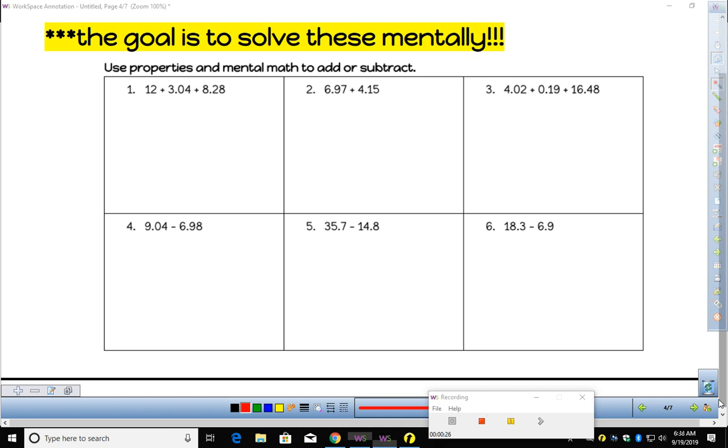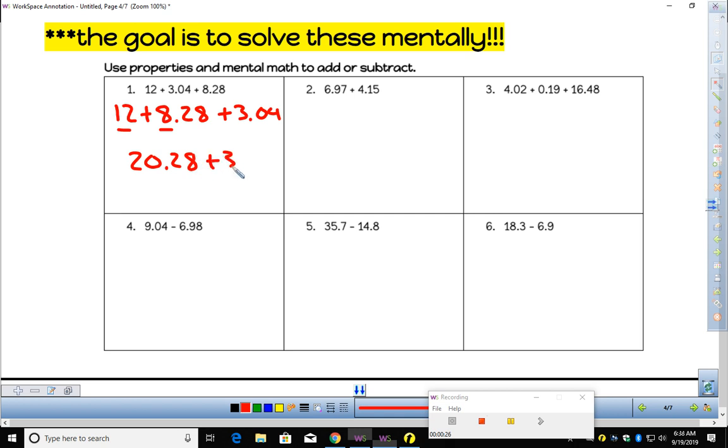So like here, for example, I might switch the order to be like this, because I know 12 and 8, I can add that and get 20. And then 28 and 4, that's 32. 3 and 20 make 23.